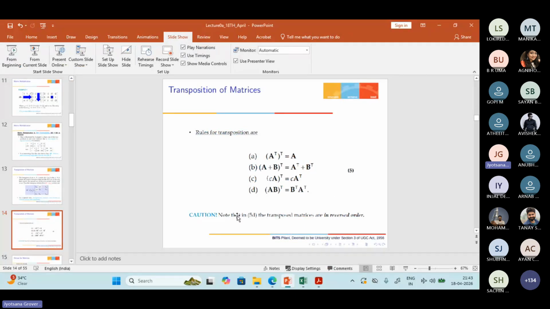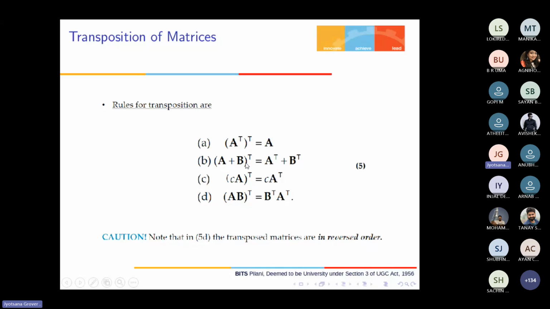Okay. Now you have the third property. Third property is saying when you add two matrices and then you take the transpose, the result is going to be the same as the addition of the transpose matrices. Let me tell you how this is coming.